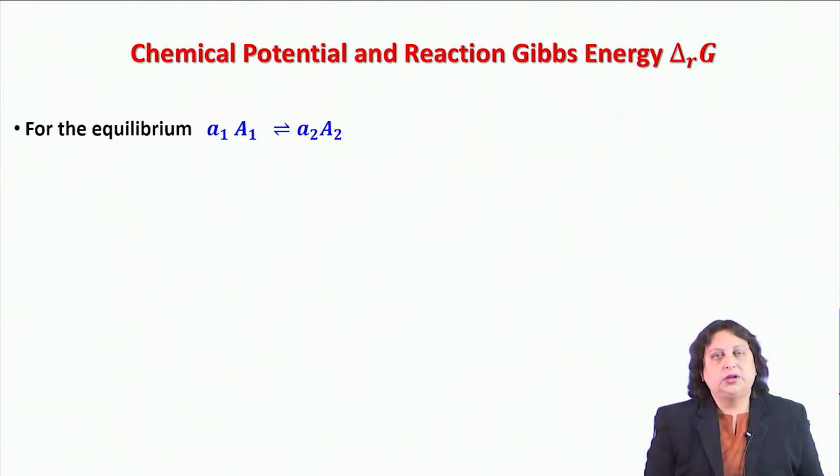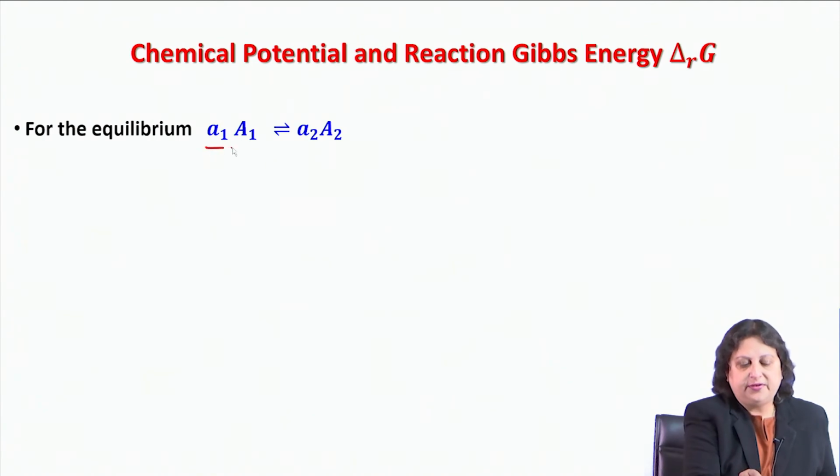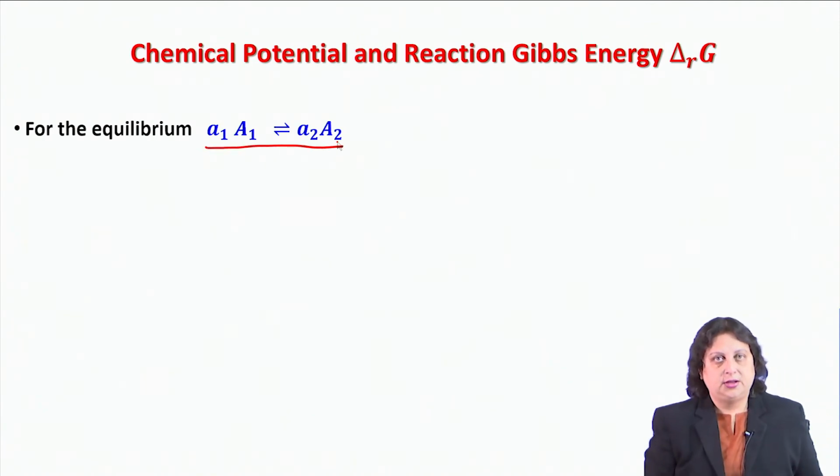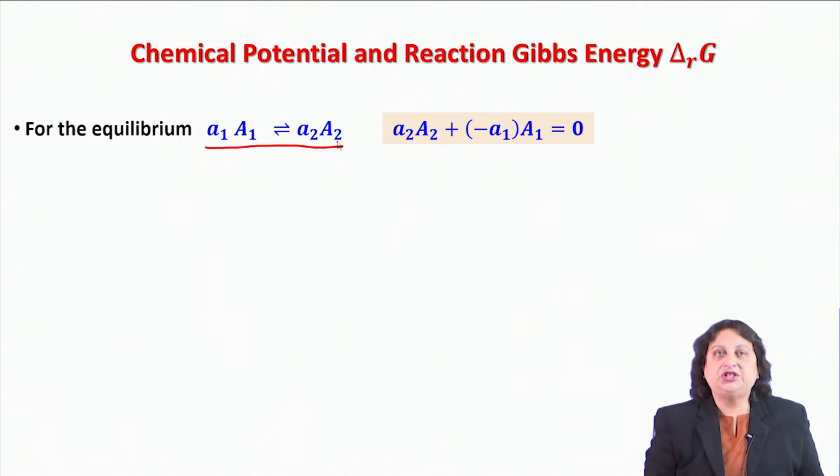So let us now talk about chemical potential and reaction Gibbs energy for the generic situation which I have represented here. The very first step would be writing out the algebraic equation in terms of capital A1 and capital A2, which are the reactants and the products.